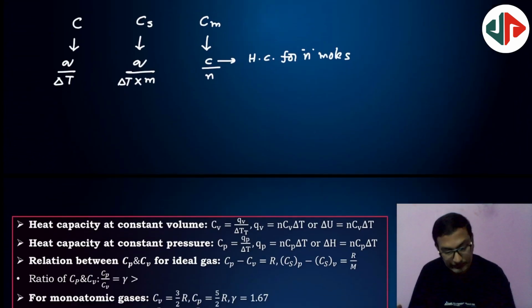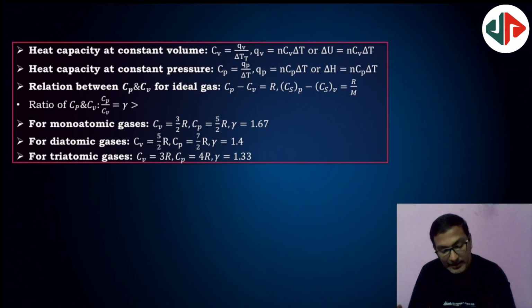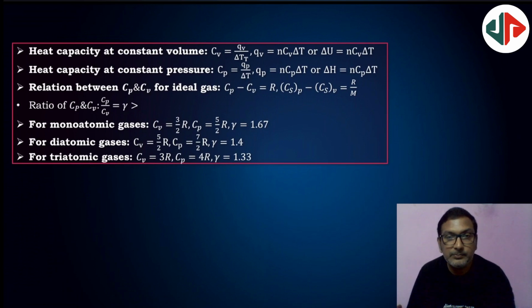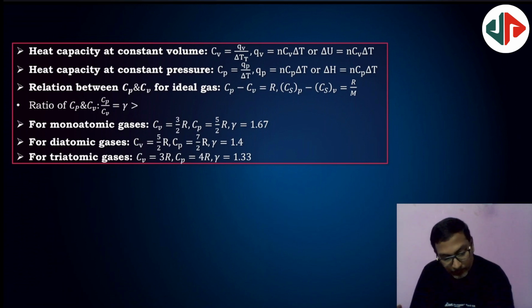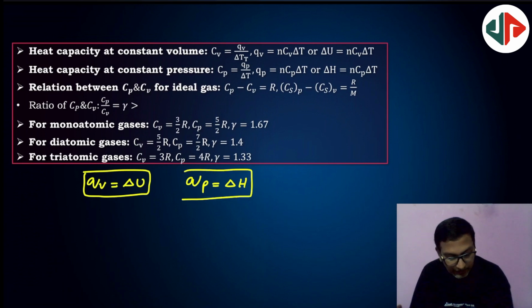Next, heat capacity at constant volume. Heat capacity at constant volume Cv equal to delta U, or we can write like this: amount of heat absorbed at constant volume equals delta U. Amount of heat absorbed at constant pressure equals delta H. Remember like this.